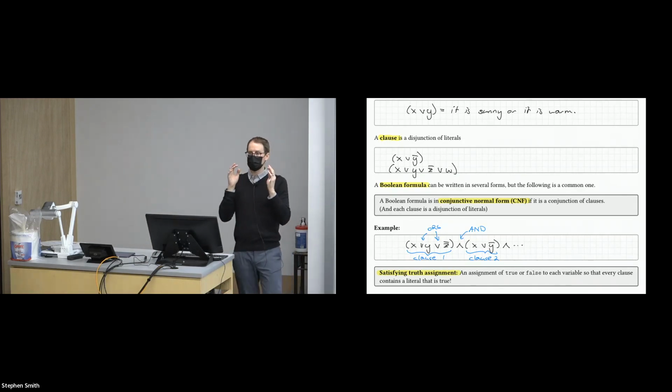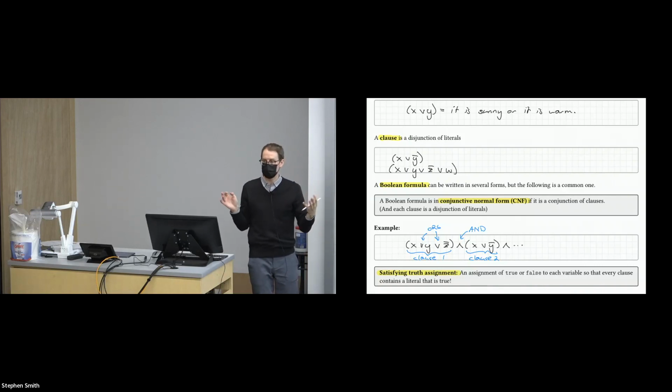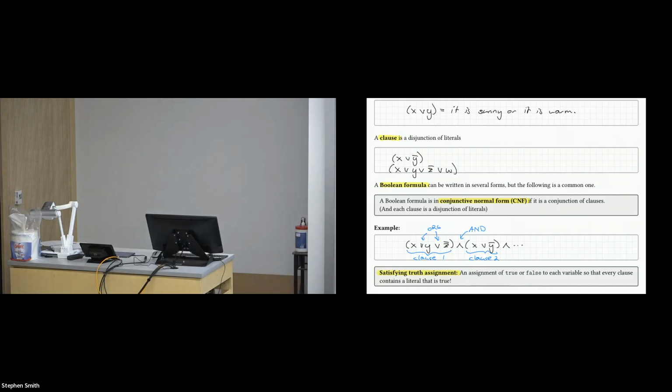Now, the nice thing about conjunctive normal form is that what it means to have a satisfying truth assignment can be said more simply than just saying the overall formula evaluates to true. How do I get this clause to evaluate to true? What it's saying is X has to be true, or Y has to be true, or not Z has to be true. So to satisfy this clause, I have to set one of its literals to true.